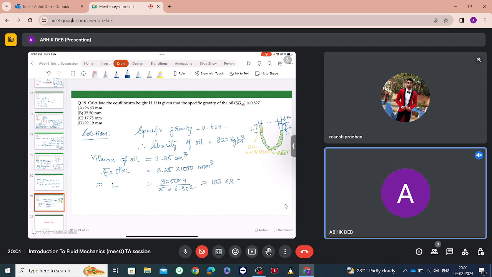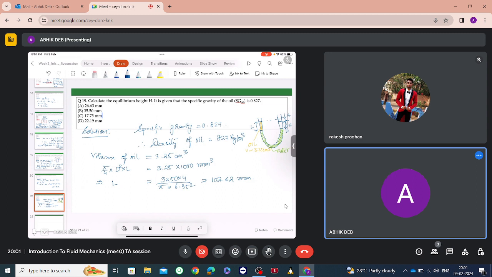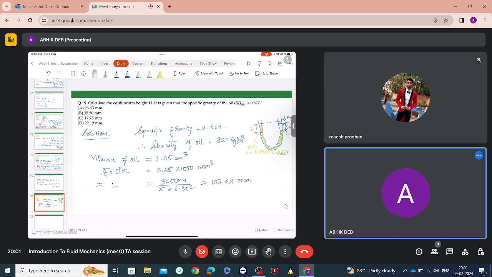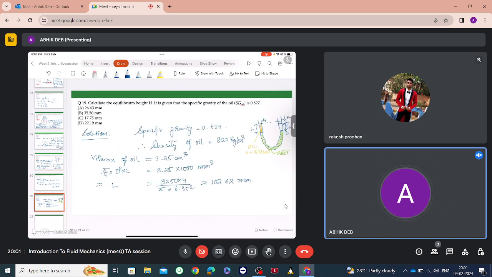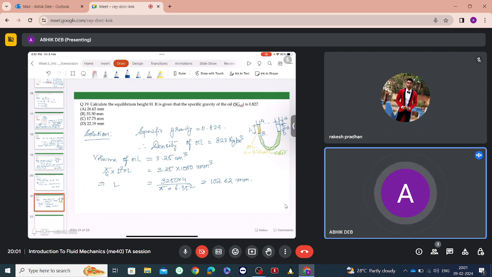It is 102.62 millimeters. Now, what we have seen previously, let me write the points here. This is A, this is B. The pressure at B is equal to the pressure at D, we have got, right? Because they are at the same height in the same manometric fluid.